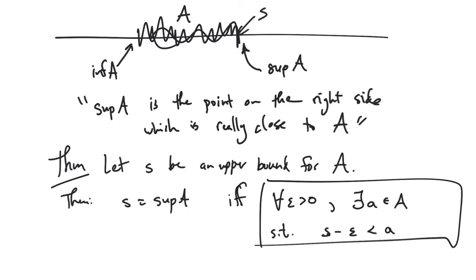And this is what I meant, intuitively speaking, by saying S is like the closest you can get on the right side without overshooting any of the values. It says if we were to subtract any number from S, we will in fact overshoot one of the values from the original set. All right? It's a cute way of saying that.